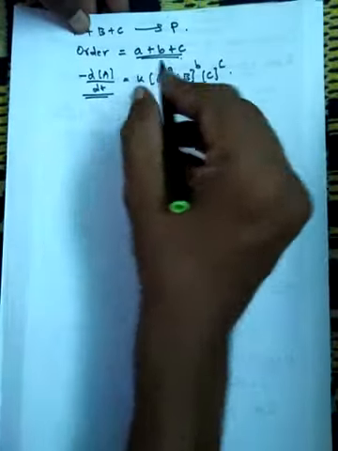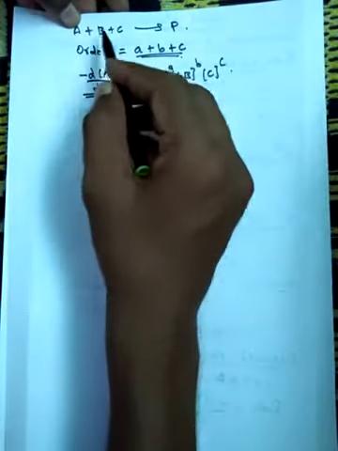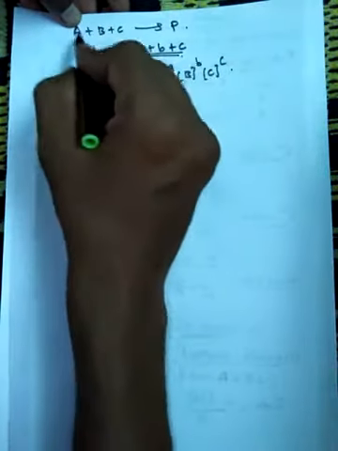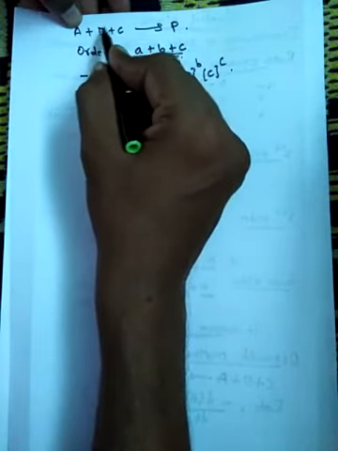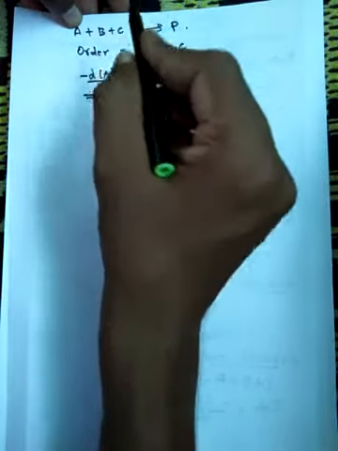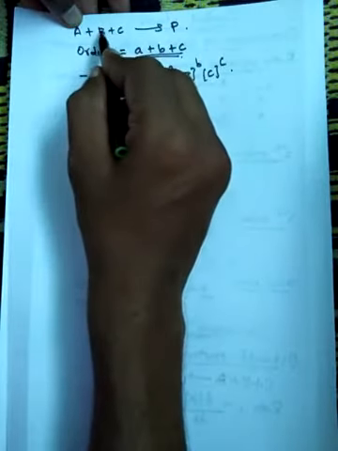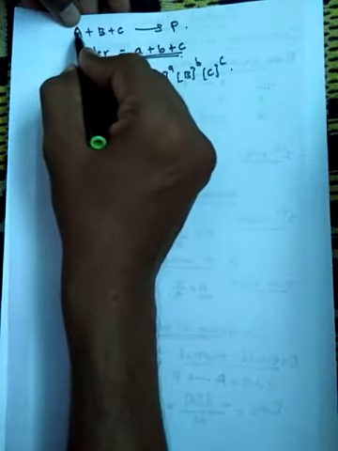The rate actually depends on A, B, C. If I take any two of the reactants in a large excess amount, then the rate will not be dependent on B and C. For instance, I'm going to take a large quantity of B and a large quantity of C. Therefore, the rate of this reaction will not depend on B and C. Comparatively, A is taken in a smaller amount.